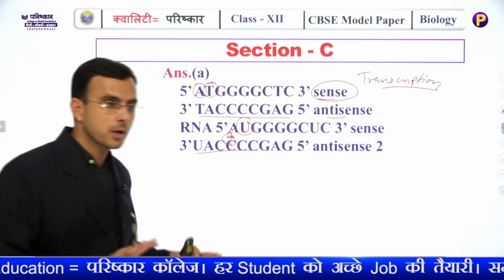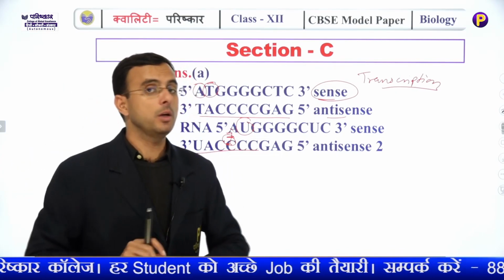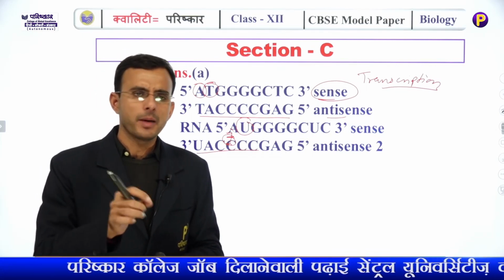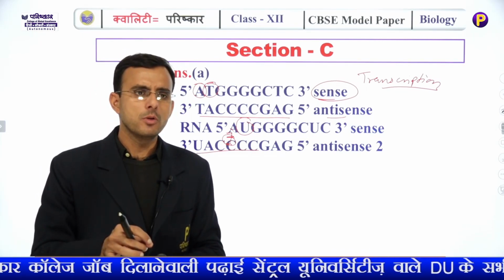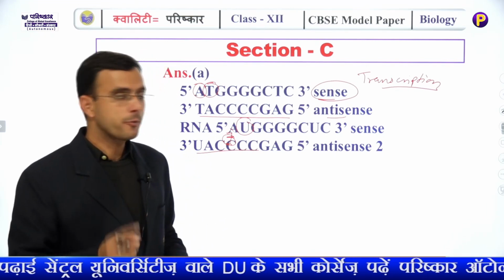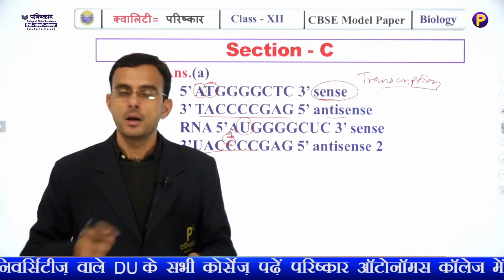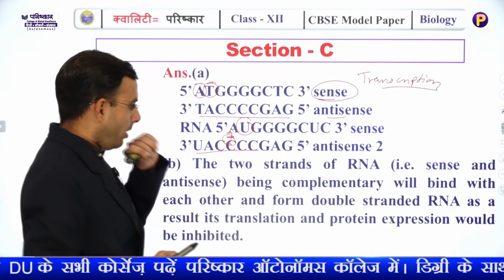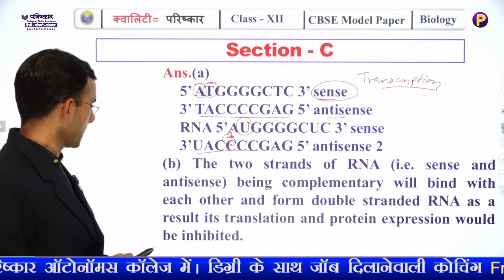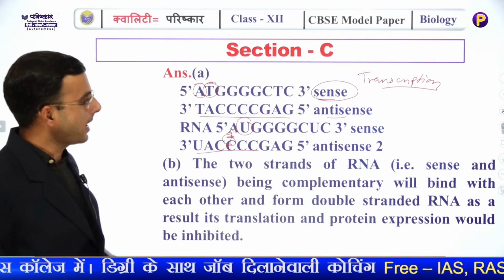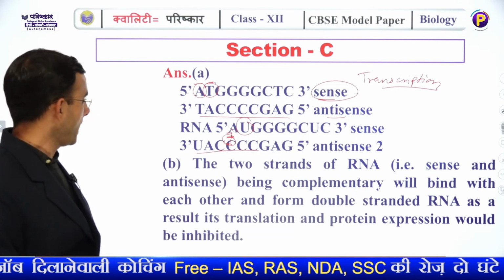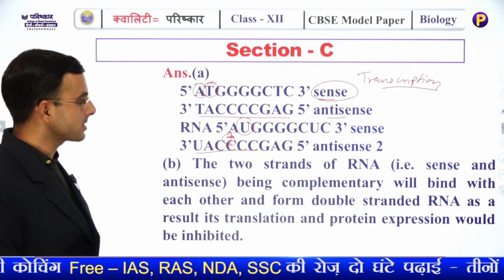So how can you convert this RNA molecule? Because RNA is always present in the form of a single strand, and if it is present as a single molecule, it works as a single strand. If you convert it into a double strand, then you are able to make this RNA inactive. So the two strands of RNA, the sense and antisense, being complementary, will bind with each other and form a double-stranded RNA.